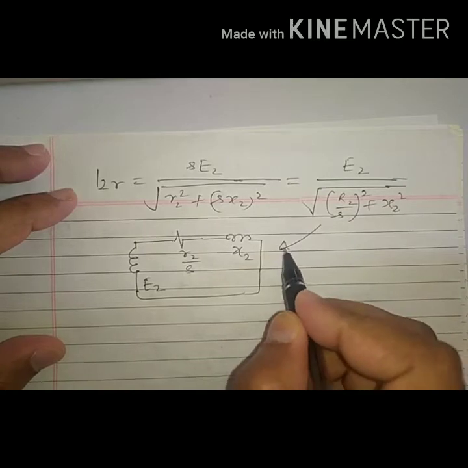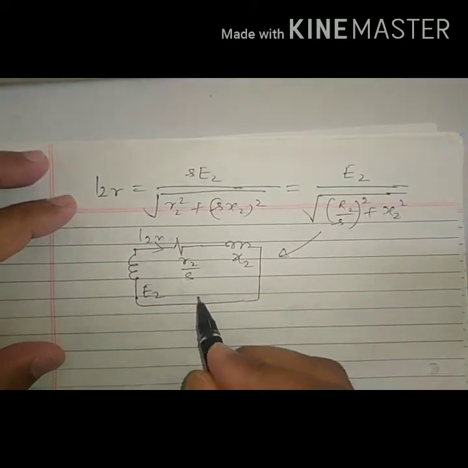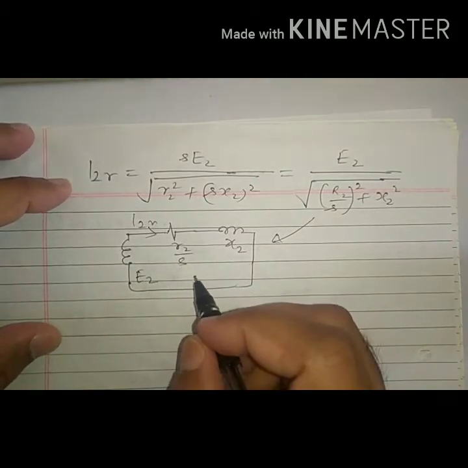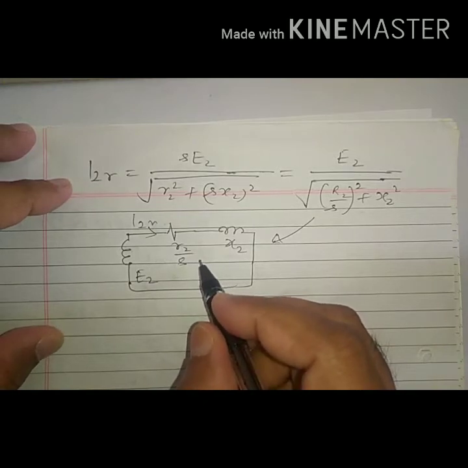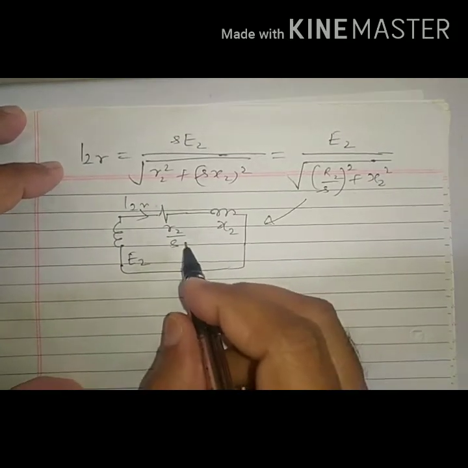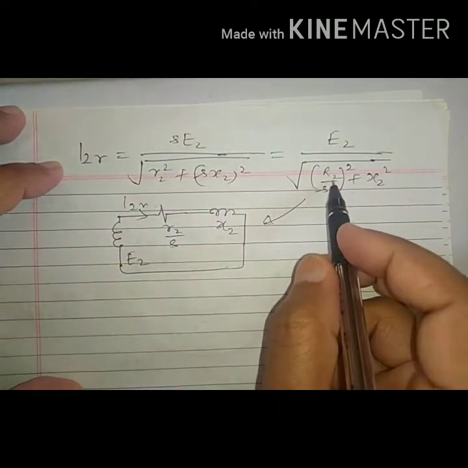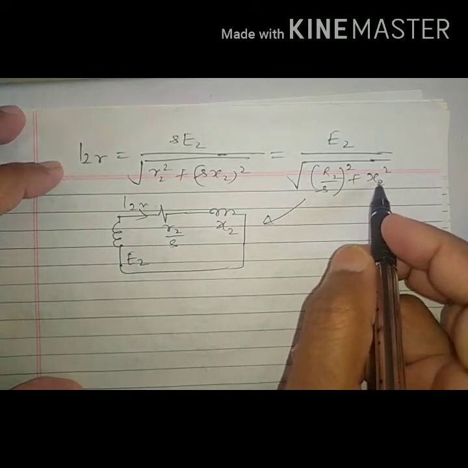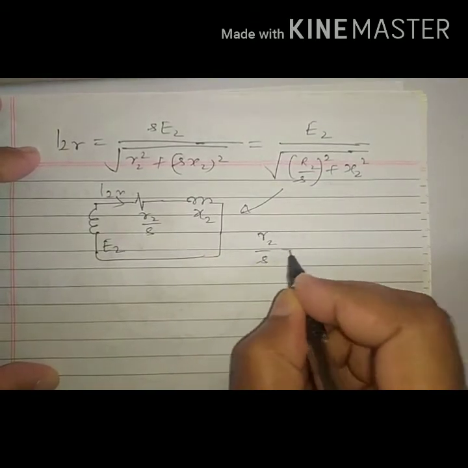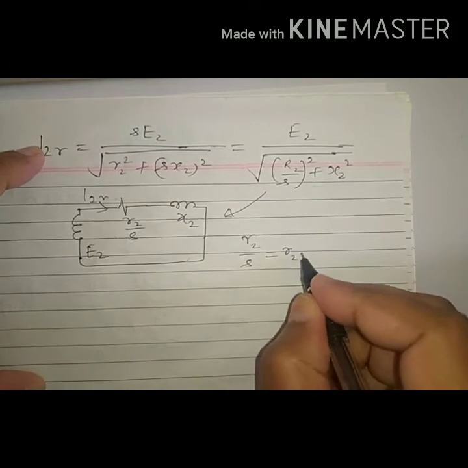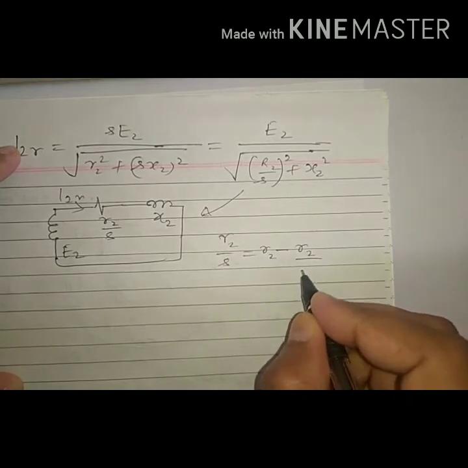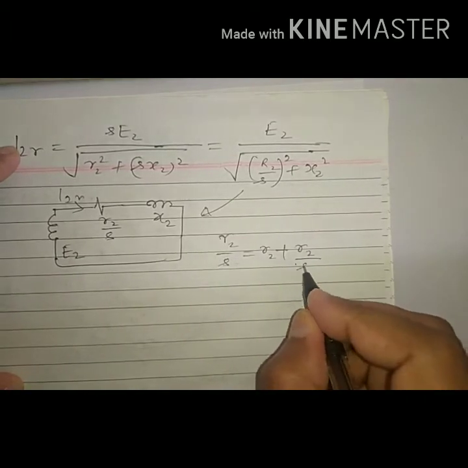From this we can write, and here the current is I2R. So what is our objective? We need to eliminate S from both R2 and X2, because once the machine is designed R2 and X2 will be fixed. So I am manipulating this, and while doing this we eliminated S from X2. Now R2 by S can be rewritten as R2 plus R2 by S minus R2.